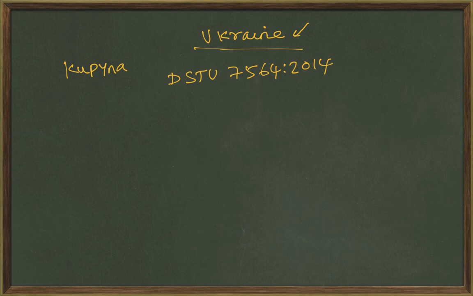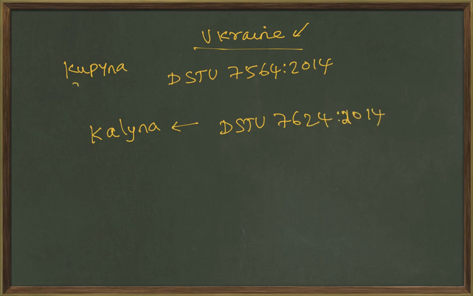They have a block cipher called the Kalina block cipher. If you want to learn more about this block cipher, you can refer to the standard DSTU, the Ukrainian national standard. It's a 2014 standard. So Kupyna is based on this Kalina block cipher.